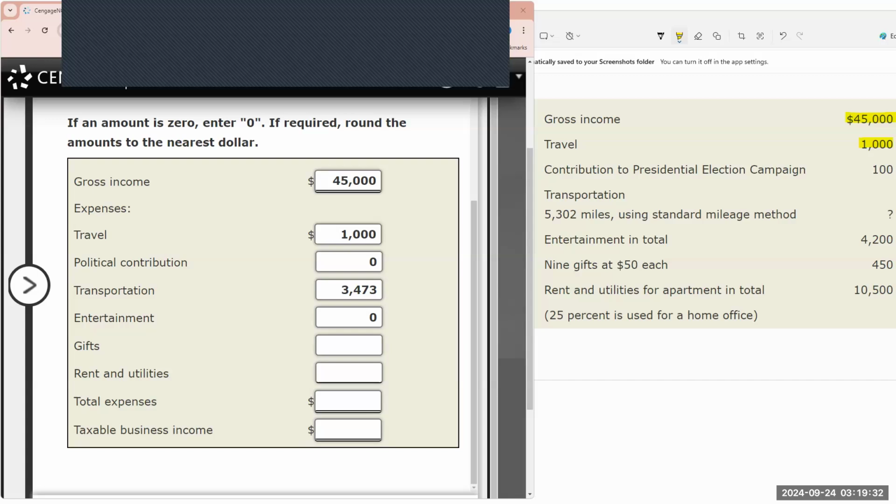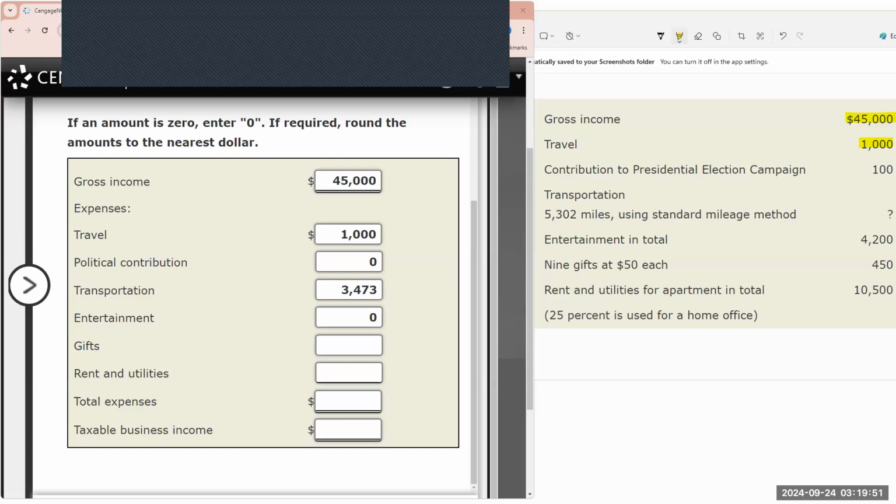There are some limitations. Within limits, taxpayers are allowed to deduct gifts, but as mentioned, there are limitations. So as far as the gifts, it's essentially $25 per year per person. So just keep that in mind.